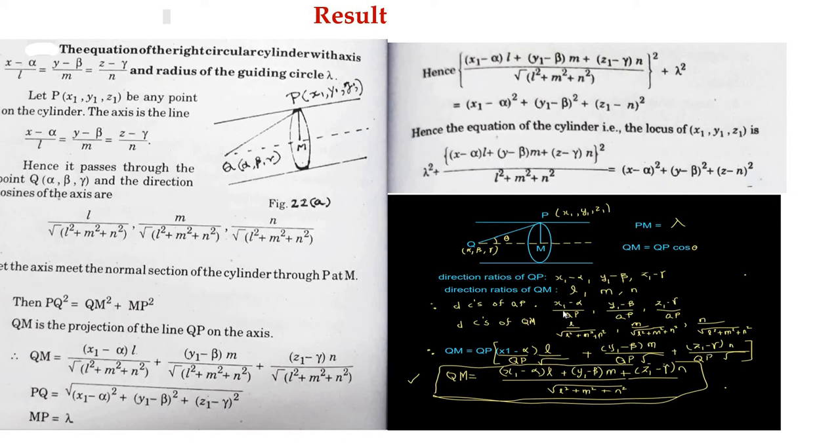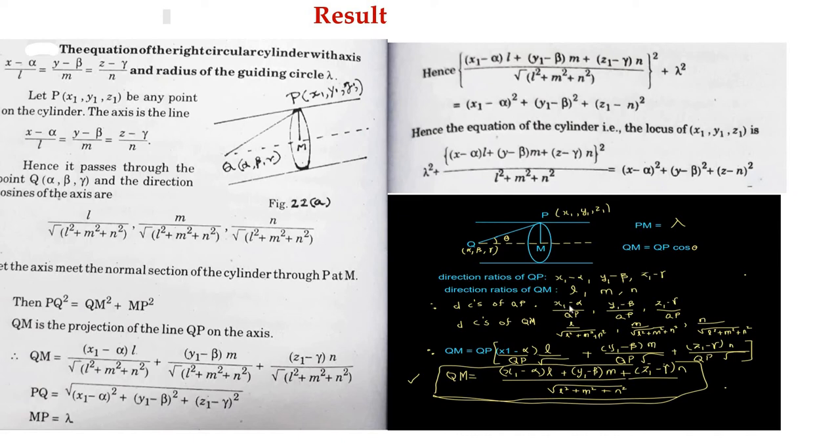So we have x1 minus alpha by QP, y1 minus beta by QP and z1 minus gamma by QP. The DRs of QM are known, so we can write out the DCs of QM. Having got the DCs of QP and QM, cos theta can be easily obtained.